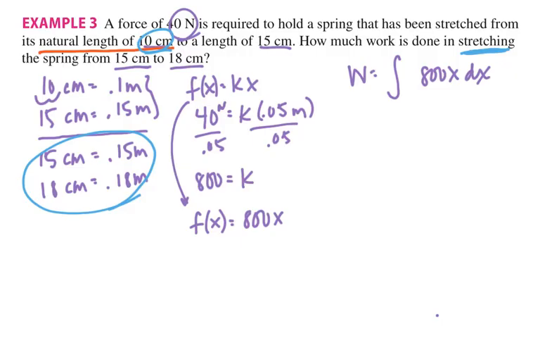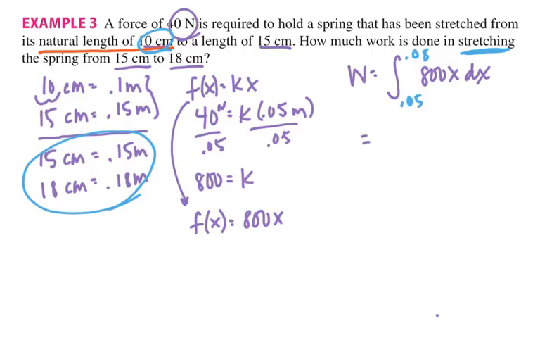So our lower bound is 0.05, and our upper bound is 0.08. Make sure you know that's an O and not a 1. So hopefully the bounds make sense. We're pulling it from 0.1 to 0.15 and 0.18.